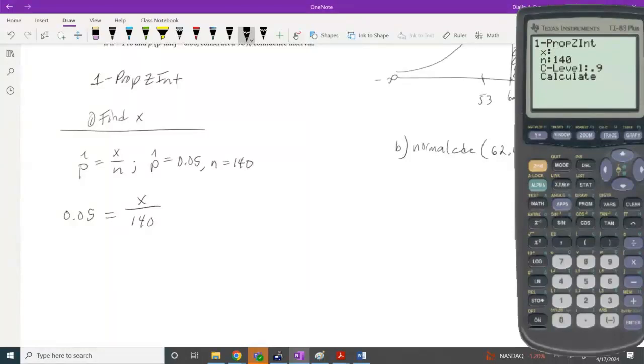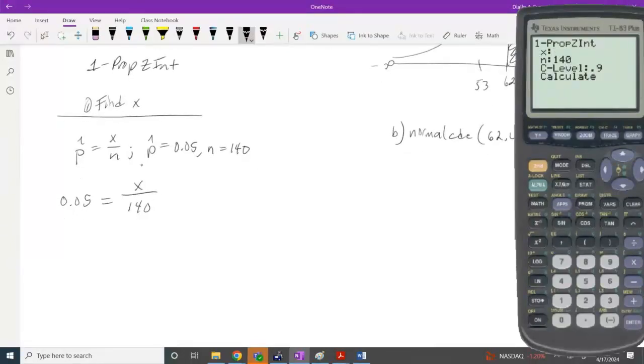In order to solve for x, I'm going to multiply both sides by 140. If I multiply the left-hand side by 140, and the right-hand side by 140, the 140s cancel on the right-hand side. So remember from algebra, even though this is not an algebra class, whatever you do to one side, you got to do the same thing to the other side to maintain equality.